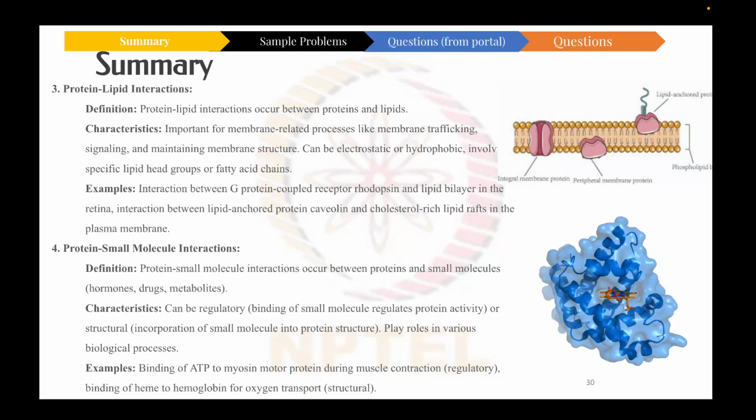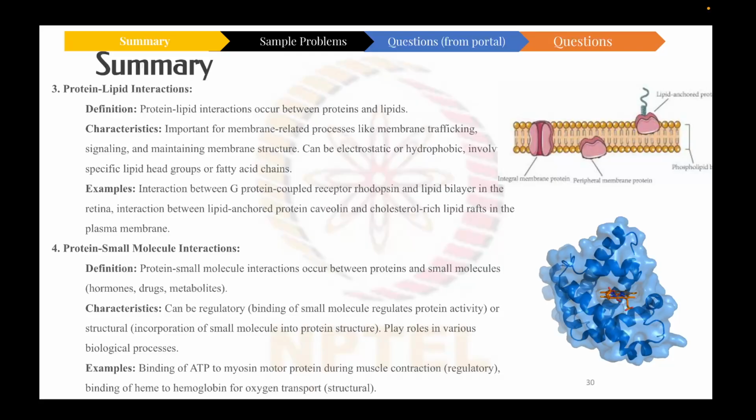The structural interactions involve the incorporation of small molecules into protein structure, where they contribute to protein stability or function. This may also involve the binding of cofactors or prosthetic groups essential for protein activity, or the binding of a ligand that induces conformational change.